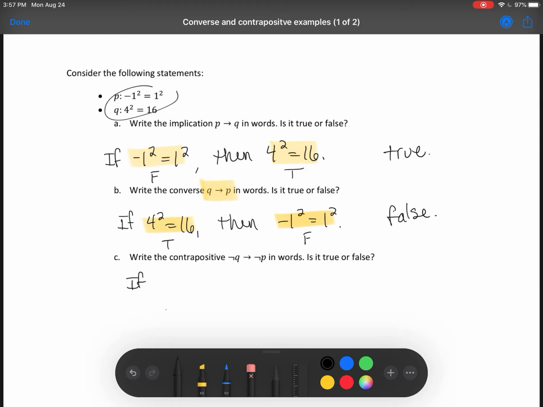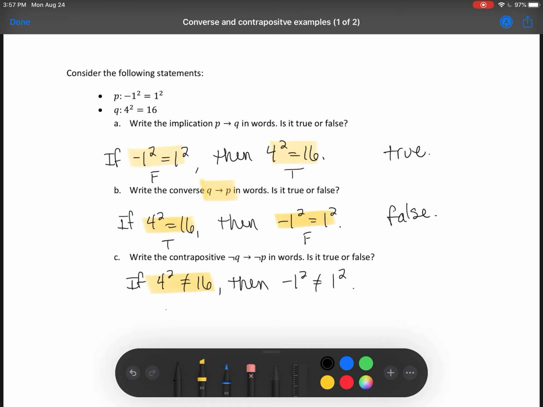But since our statements here are mathematical equations, we can negate them by simply changing the equal sign to a not equal sign. So we'd say if 4 squared does not equal 16, so that's our not Q, then -1 squared does not equal 1 squared.